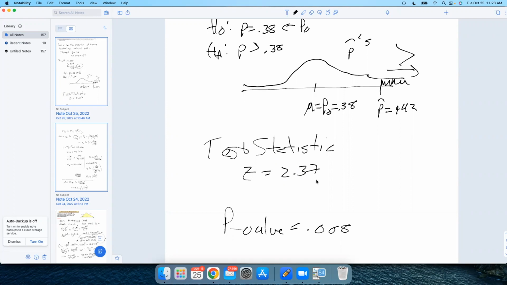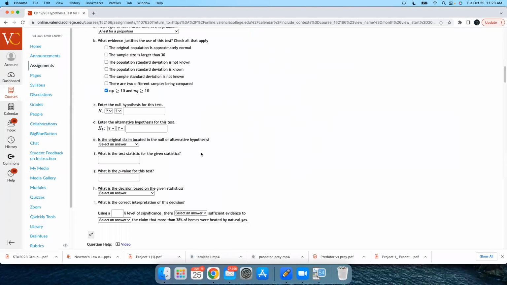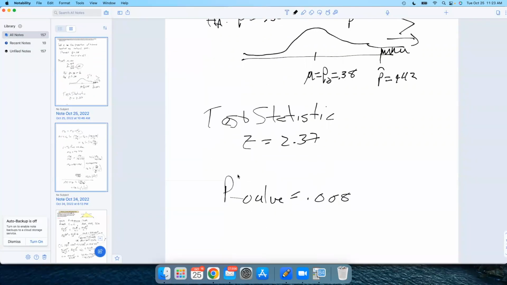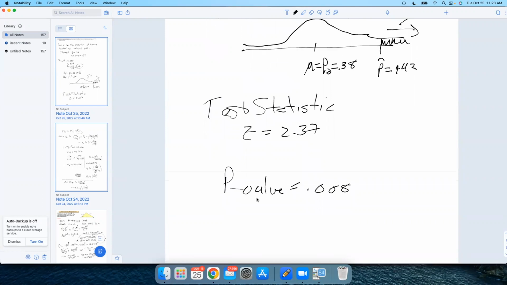If it's smaller than 2, you fail to reject. It's just an alternate approach. So you'll see some homework questions, even this one, ask for the test statistic. On the written assignments, I don't ask for that, because this is what we really care about. And we got these fancy calculators.